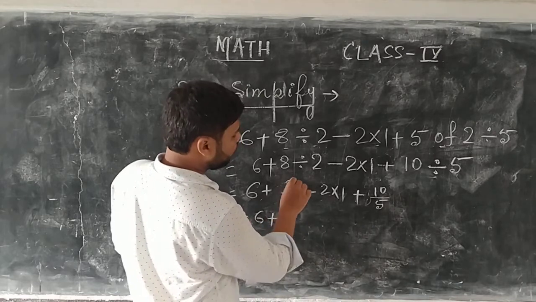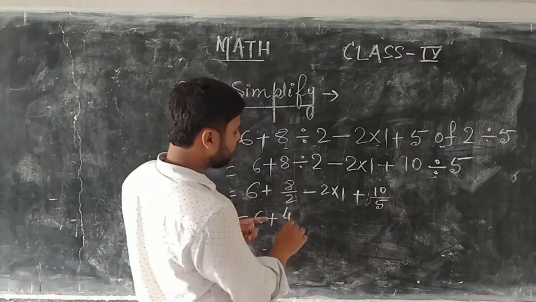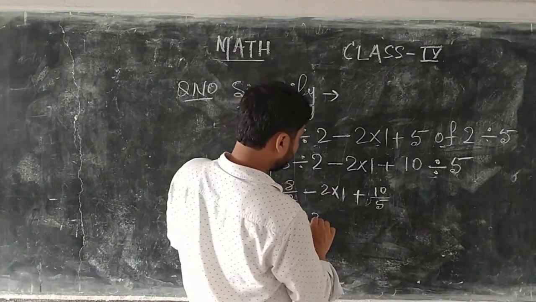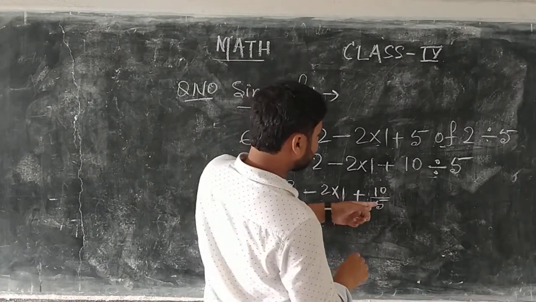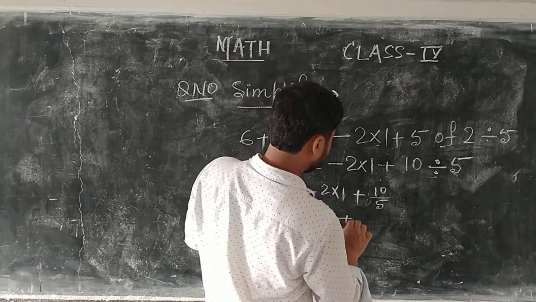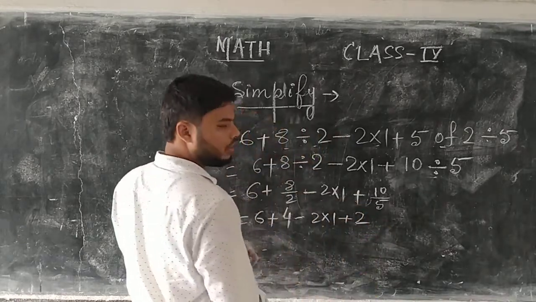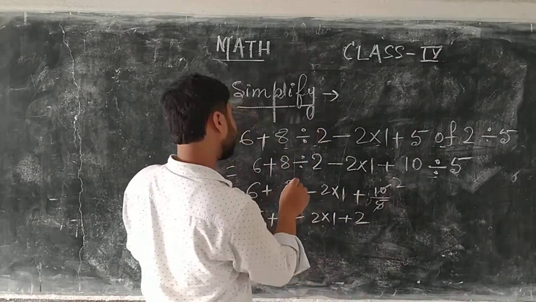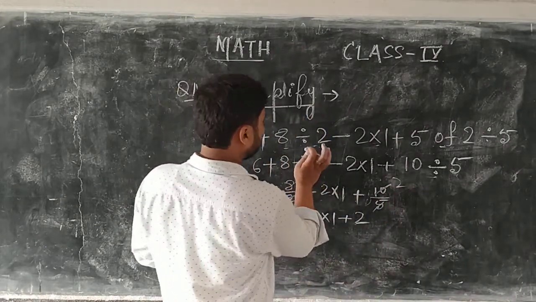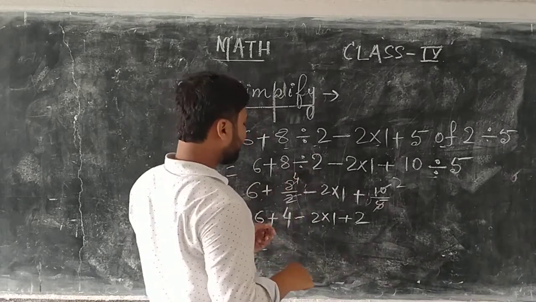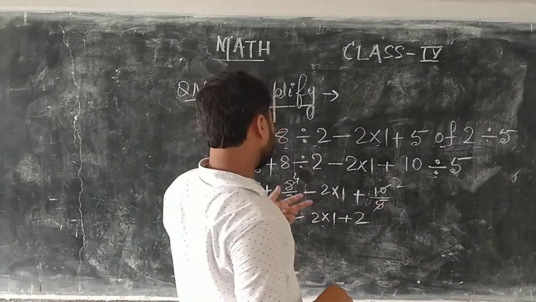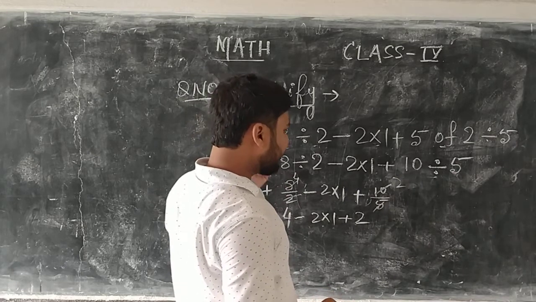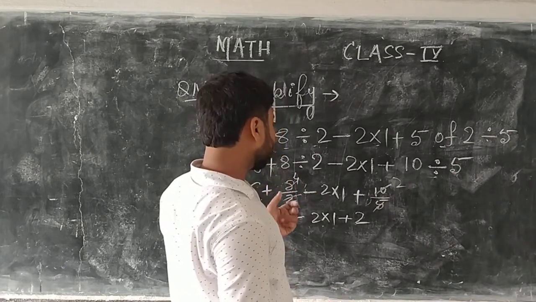If we divide, 2 fours are 8, we can write here 4, after that 2 ones, after that 5 twos are 10. Here 5 to the 10 cancels, 2 for the 8 cancels. Now division is completed. First work of completed, second work division also completed.